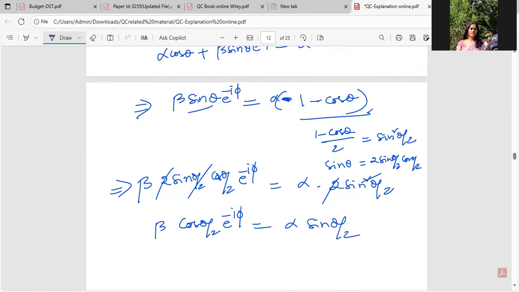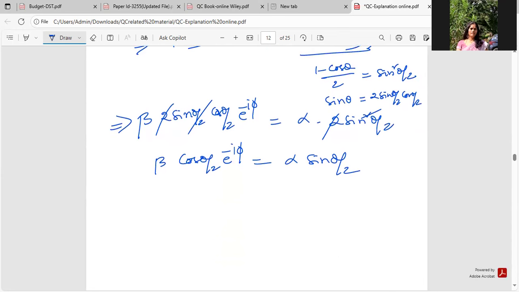Okay. Now, how can two different complex quantities be equal to one another? On the left hand side, there is this i part. i part means the left hand side is an imaginary number. Right hand side is looking like a real number. Okay. Now, this can be possible. Just see here.